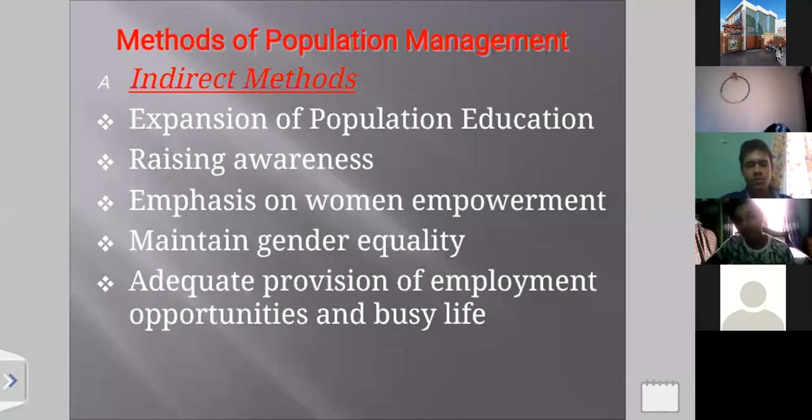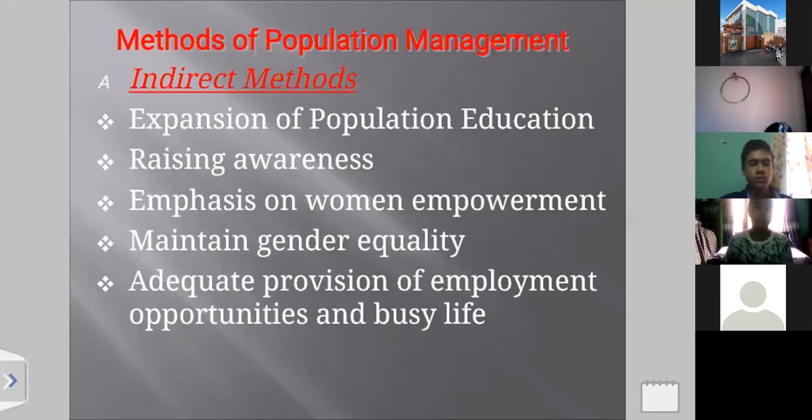Okay, Mr. Sudin. Before discussing this indirect method of population management, I have revised. Mr. Sudin, could you please tell me a short description about controlling migration? How does controlling migration help to manage the population? Could you share with us? Sure, sir.